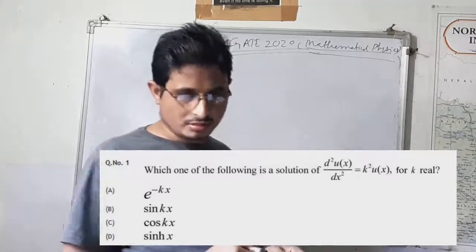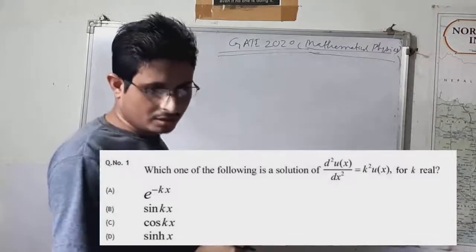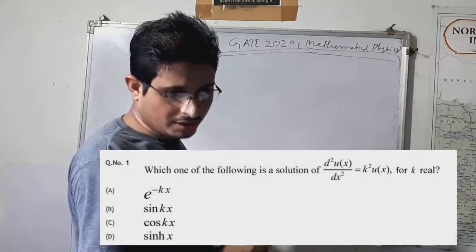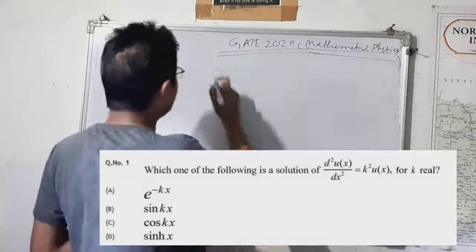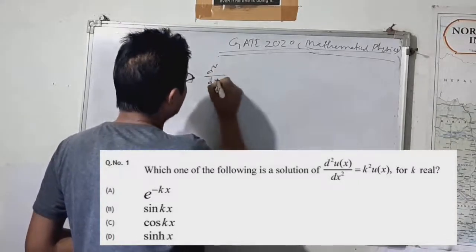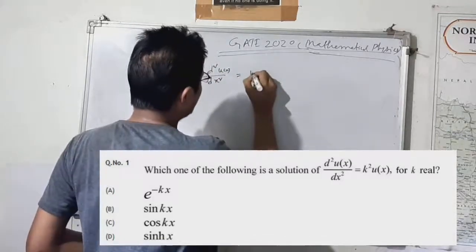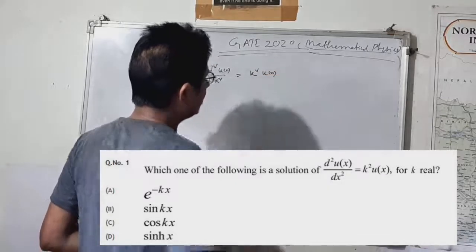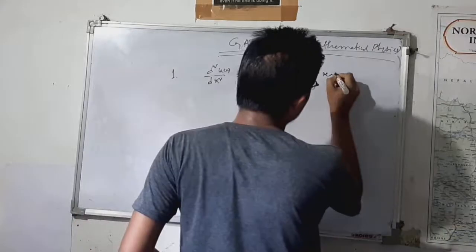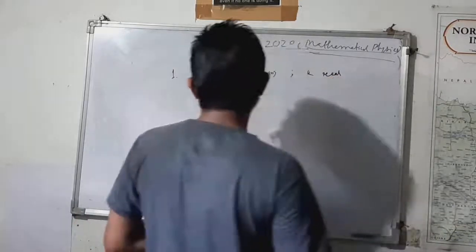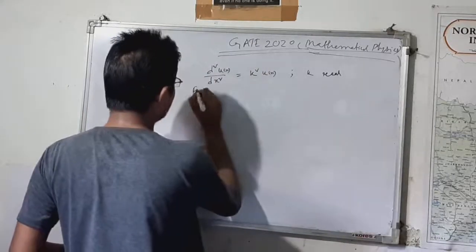In this question, question number 1, the question asks to find solutions for a differential equation, d square u by dx square equal to k square u(x), where k is real. So we have to find u(x).